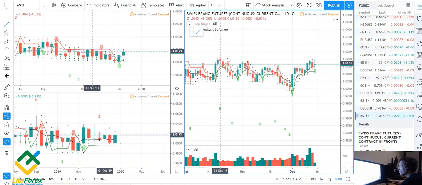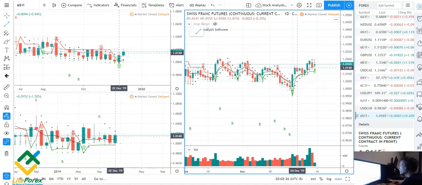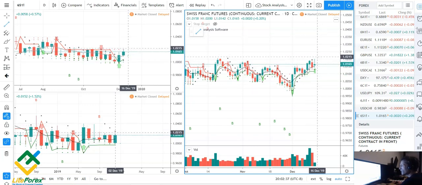But you can just see here, we're up, we're down, we break out again, we pull back, we break out. So this is setting up more bullish, just like the USD Swiss is looking more bearish, but we gotta see those support and resistance prices get taken out before I would be taking any sort of position on the Swiss currency.